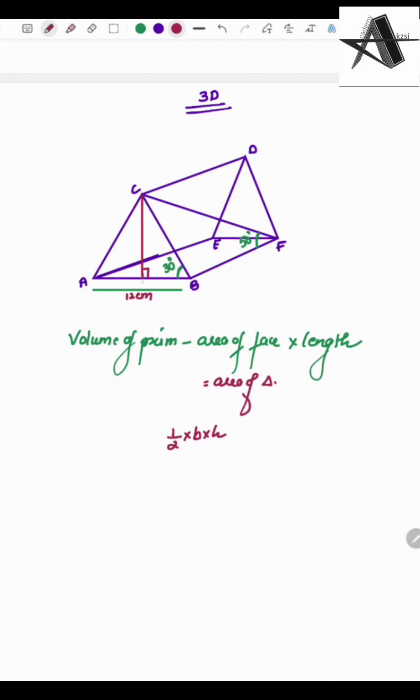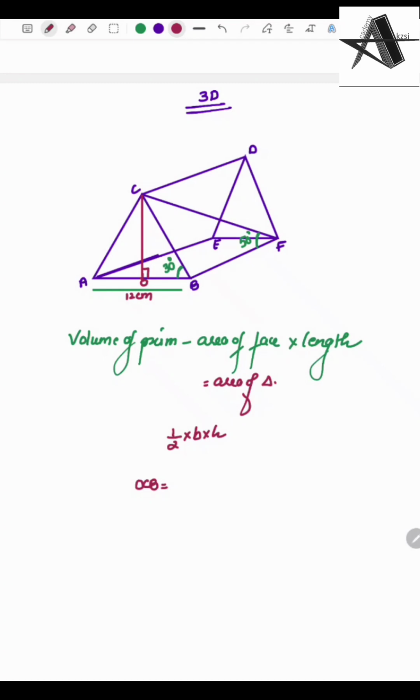Okay, now I got a 90-degree triangle. Let me say this is O. So in triangle OCB, if you know 2D trigonometry, 3D trigonometry is quite easy to solve. Now in triangle OCB, we have OB. Why? Because it's the midpoint.